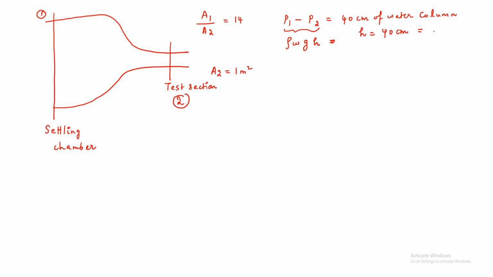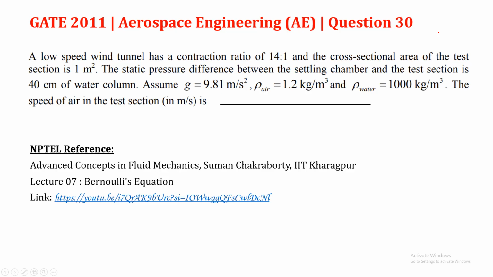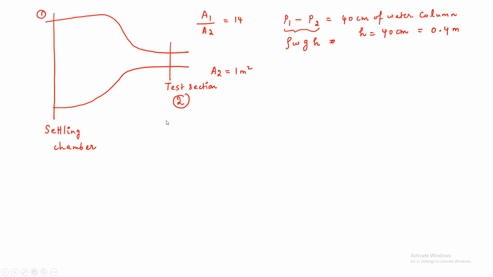Let's convert this to meter, which will be 0.4 meter. What other information? Assuming g to be 9.81 meter per second square, rho of air is 1.2 kilogram per meter cube, and rho of water is 1000 kilogram per meter cube, and the speed of air in the test section is dash. So we have to find the speed of air.